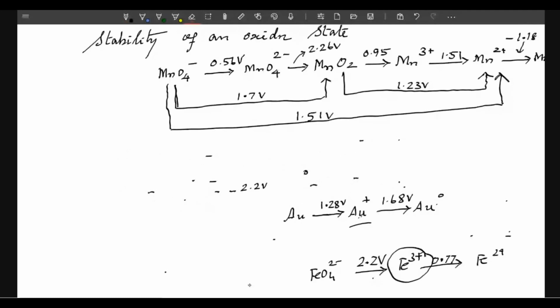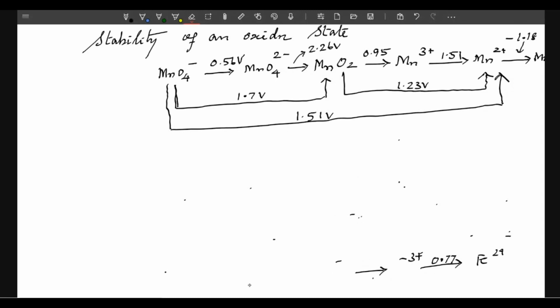Take down this problem. Given the Latimer diagram for the manganese species, which species of manganese are unstable?